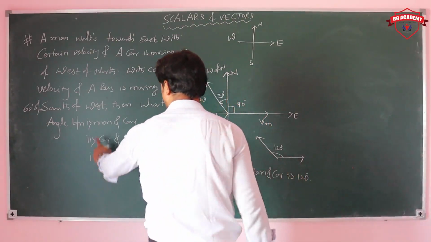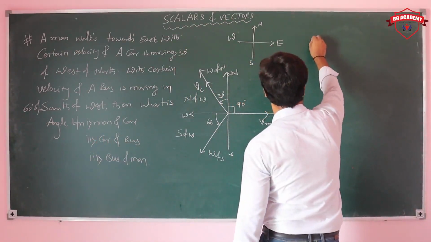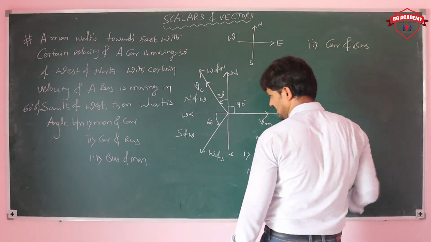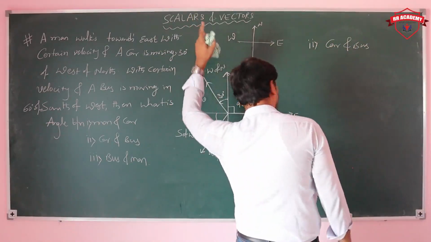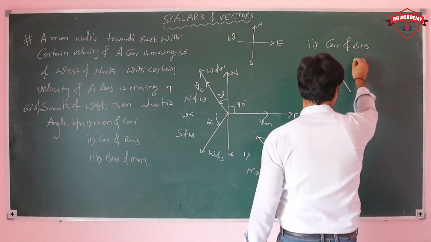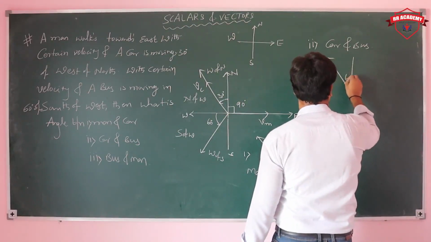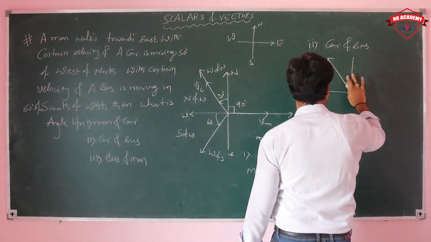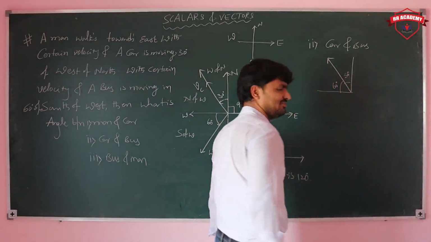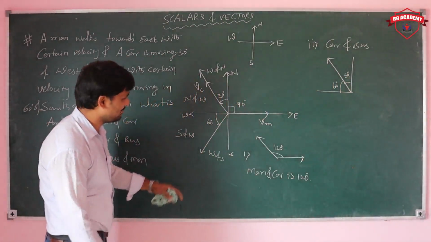First case, man and car is 120. Next, car and bus, second case. Car and bus. Which direction is the car going? West of north. 30 degrees west of north, and 60 degrees north of west.